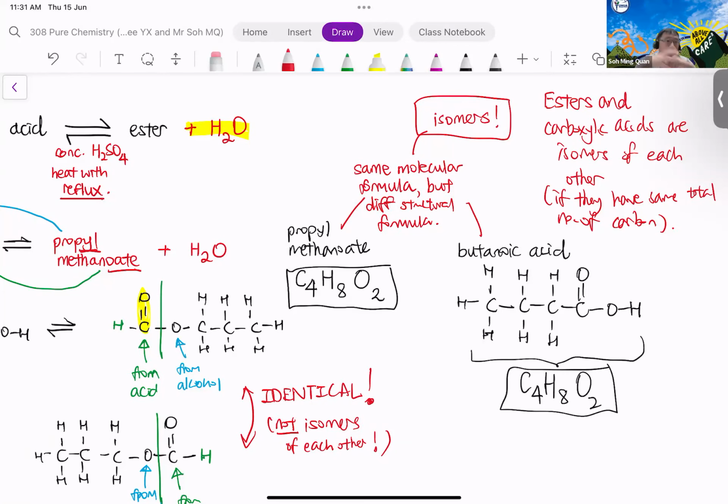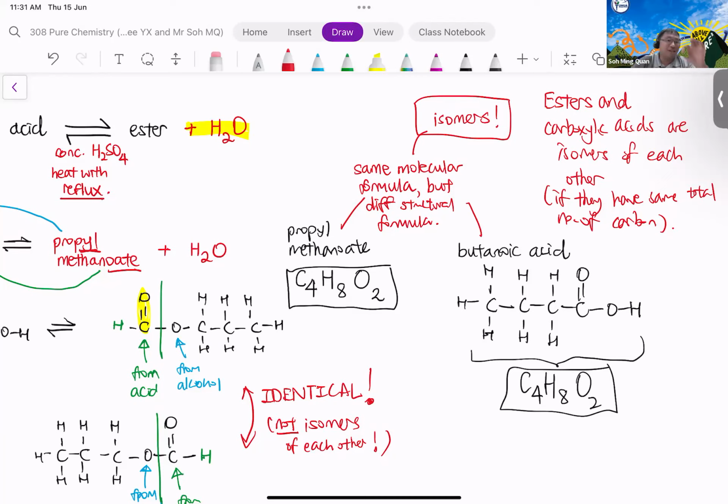Okay, so this is important to note. Many students didn't realize this until the question tested them on it. You need to know that esters and carboxylic acids can be isomers of each other, provided they have the same total number of carbon atoms. So if you recall in class, I made you all calculate the Mr and write the molecular formula slowly.